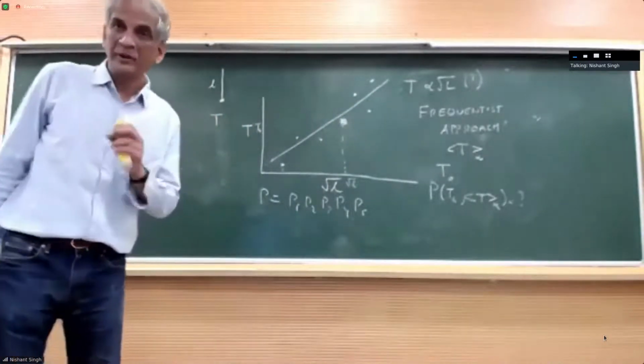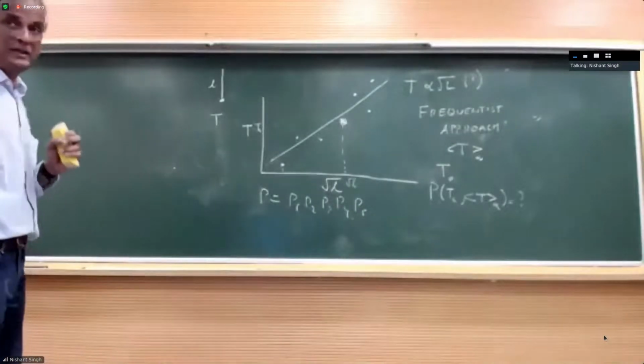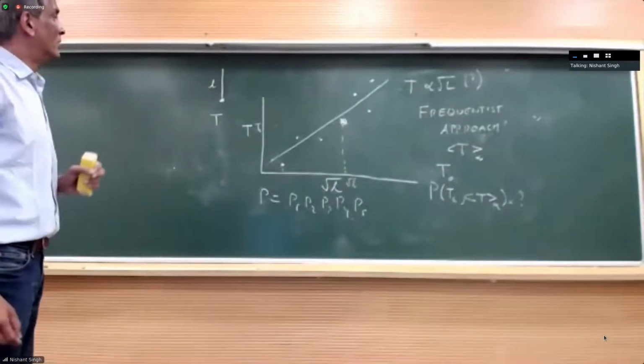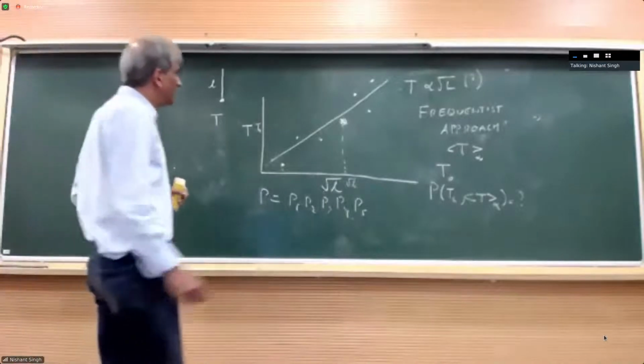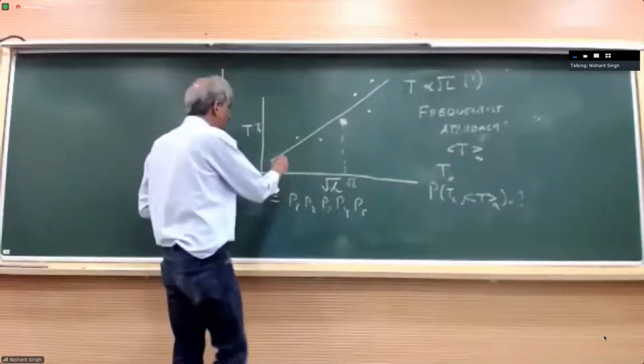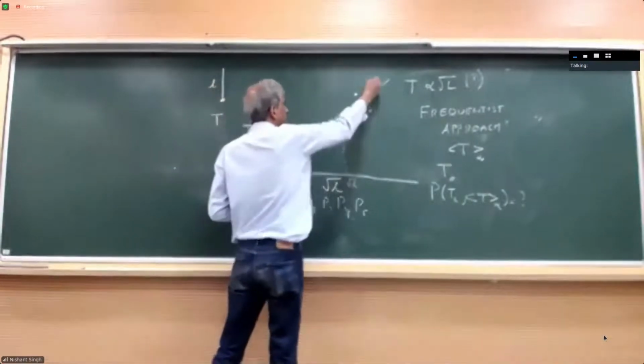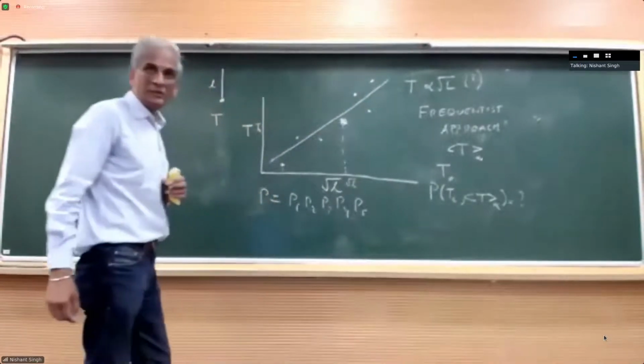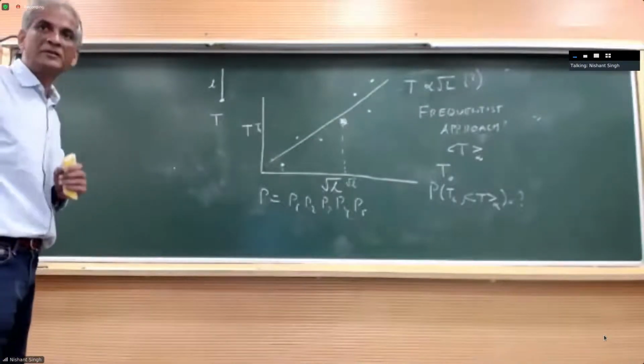The question is very important here, so I will repeat the question. What is the probability that, given that there is a straight line like this, I would get these measurements for a given instant?